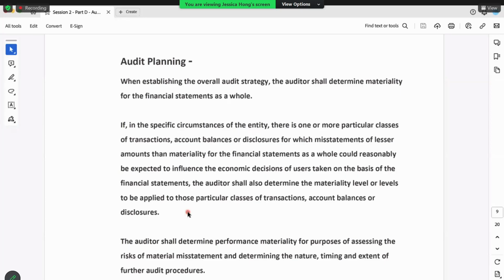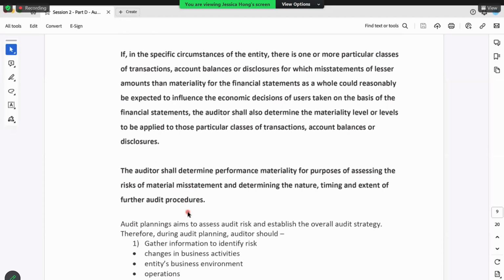So when we do our risk assessment, we must understand the threshold of errors and misstatements that the auditor is willing to accept. And how are we going to accumulate all this? That is why a lot of professional judgment is applied here.